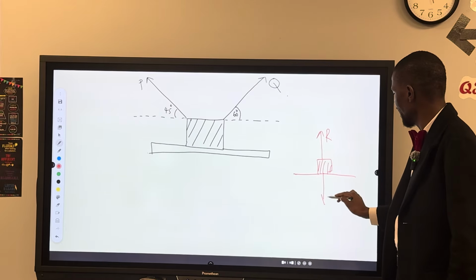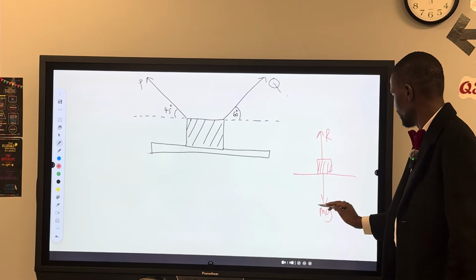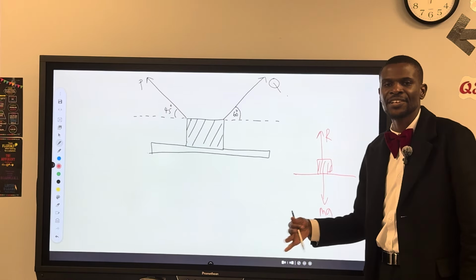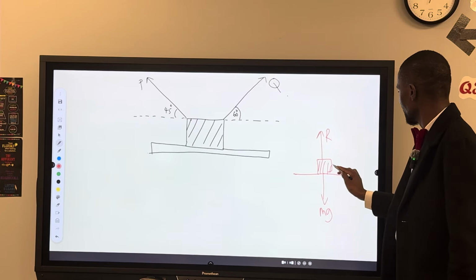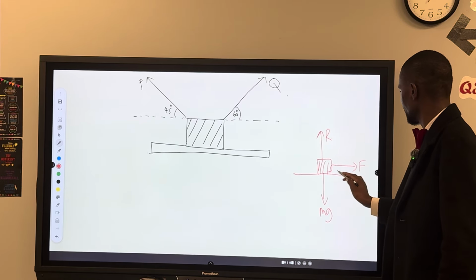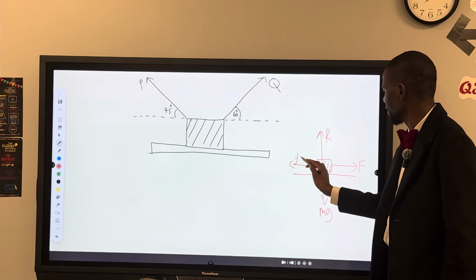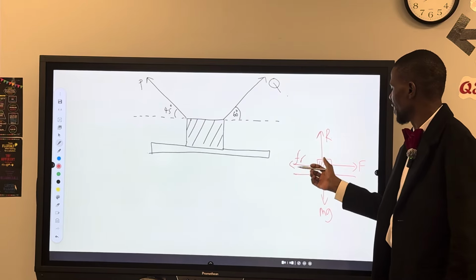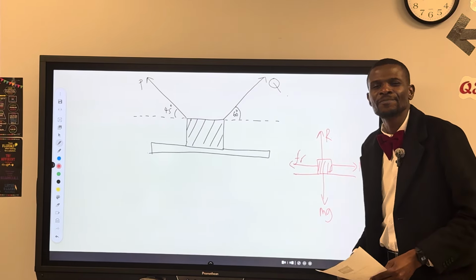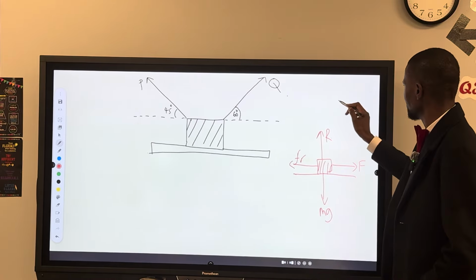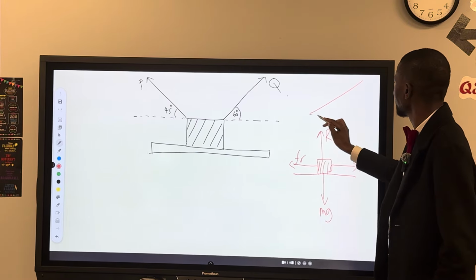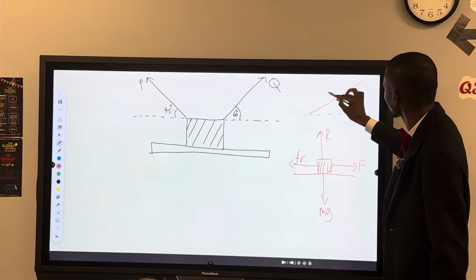Then we have our weight, mass times acceleration due to gravity. Then this is the applied force. Then we are going to have friction on the opposite side. Then if it's resting on an inclined rough plane here, right?